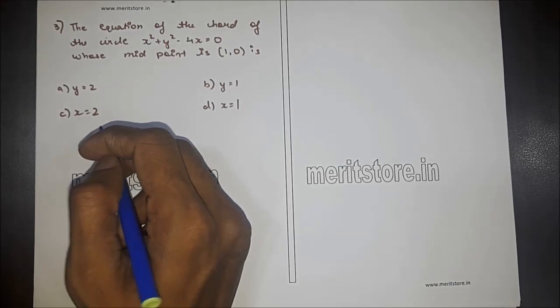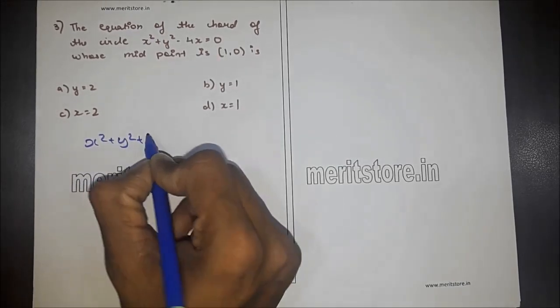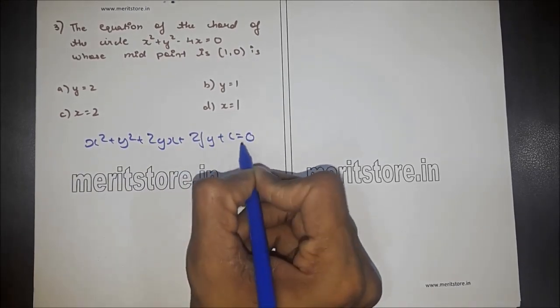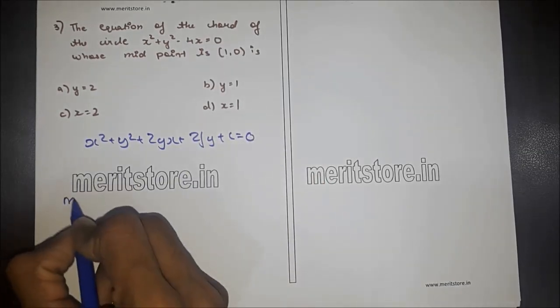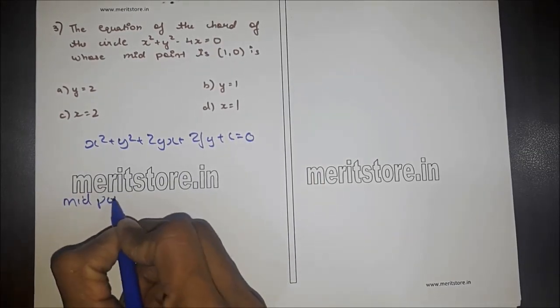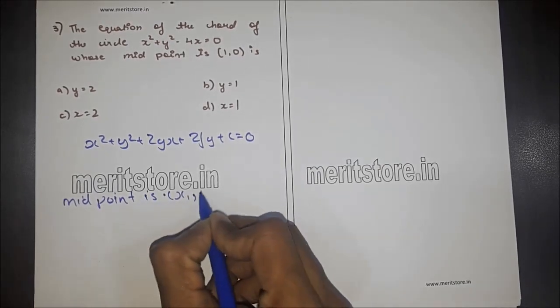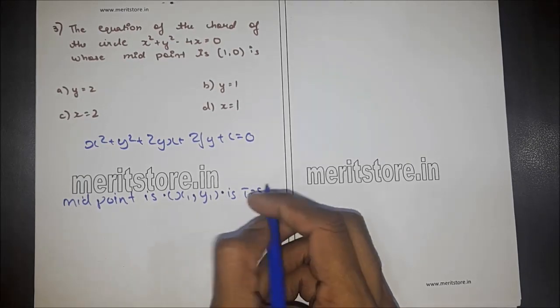The equation of a chord of a circle x square plus y square plus 2gx plus 2fy plus c equal to 0, where midpoint is x1 comma y1, is T equal to S1.